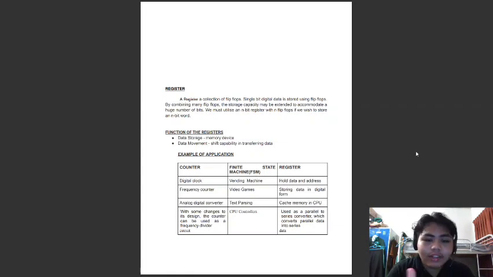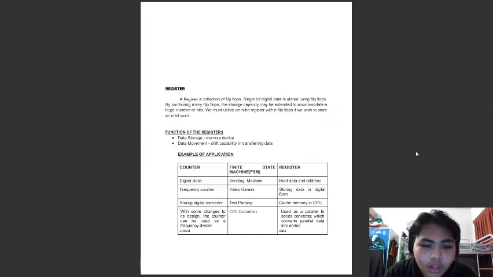As you can see in the table is the example of application. If the counter is a digital clock, the example of application is in a vending machine, to hold data and address as register. So counter and register are relatable in one system.